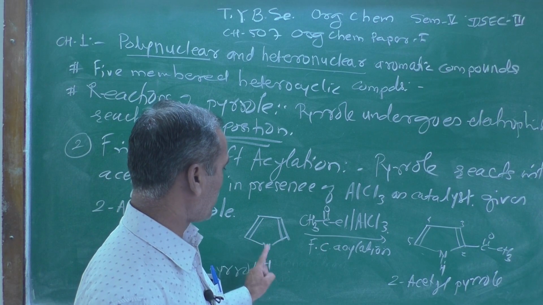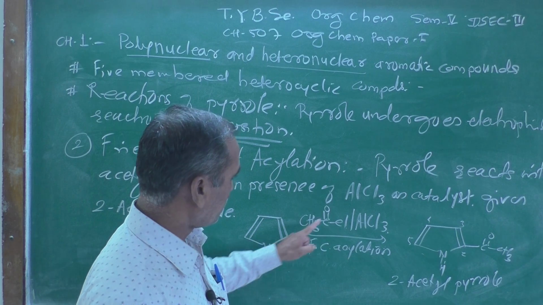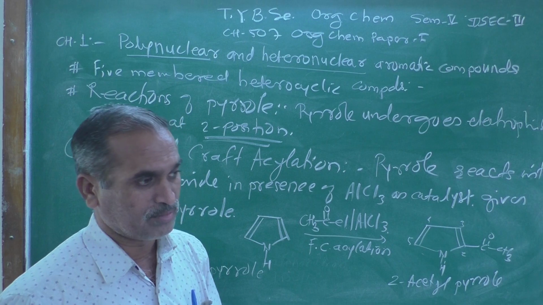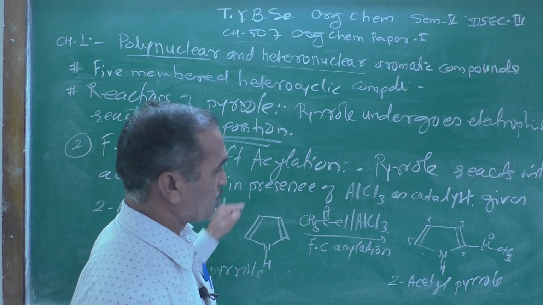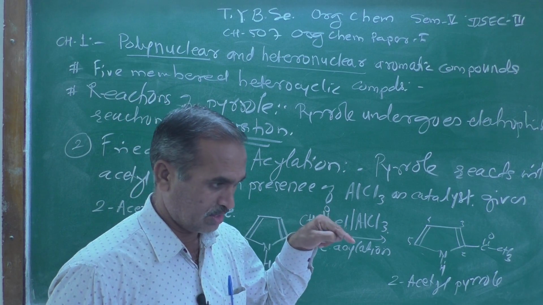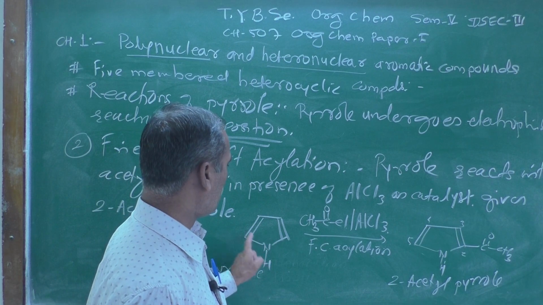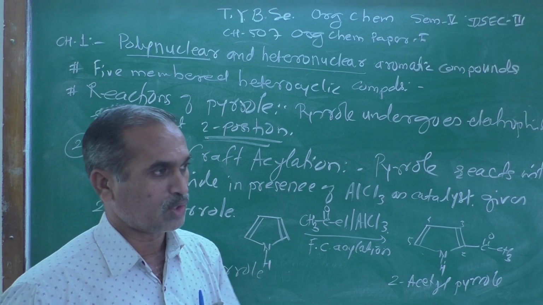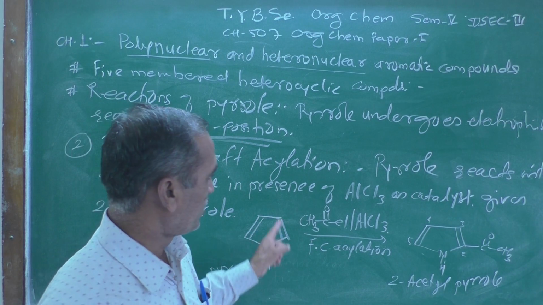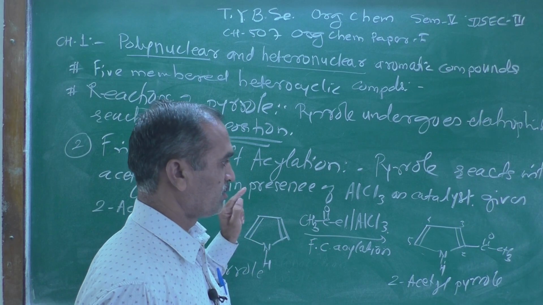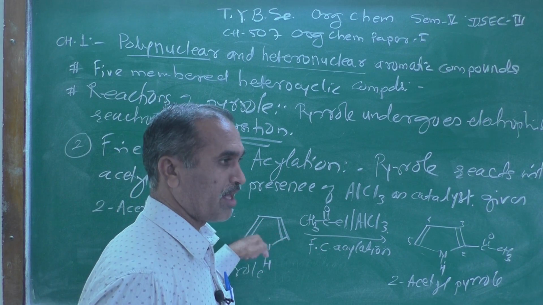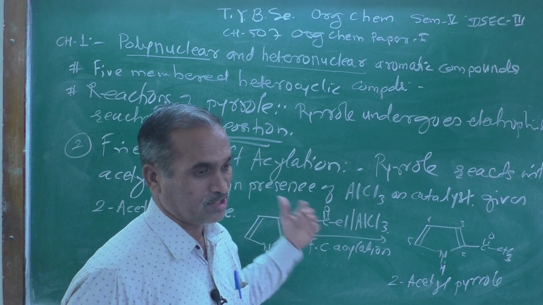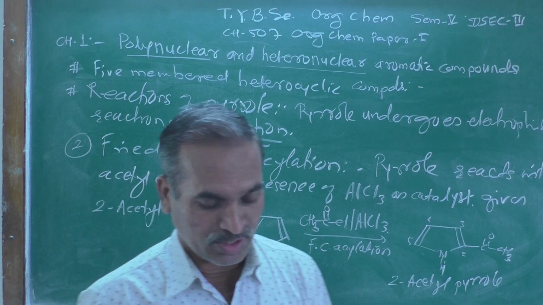Even though the lone pair is present on nitrogen, the reaction does not occur on the heteroatom preferentially, due to the resonating structure. The lone pair is involved in the delocalization, and therefore the reaction occurs at carbon rather than the heteroatom. So you should remember that while predicting the product in this particular heterocyclic compound.